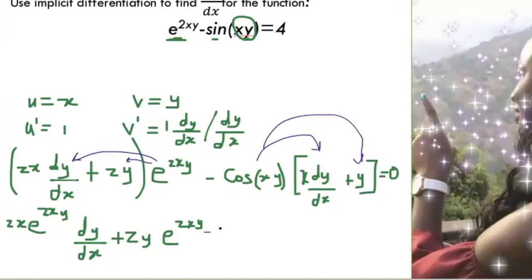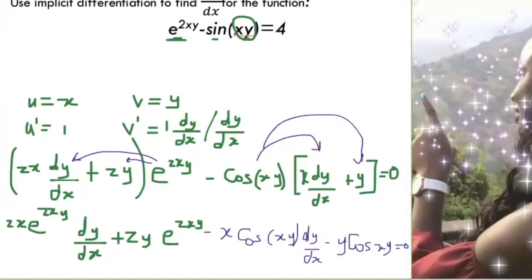So I'll have minus x cos xy dy over dx, and then minus cos xy times y, that's minus y cos xy, and then it's equals 0.